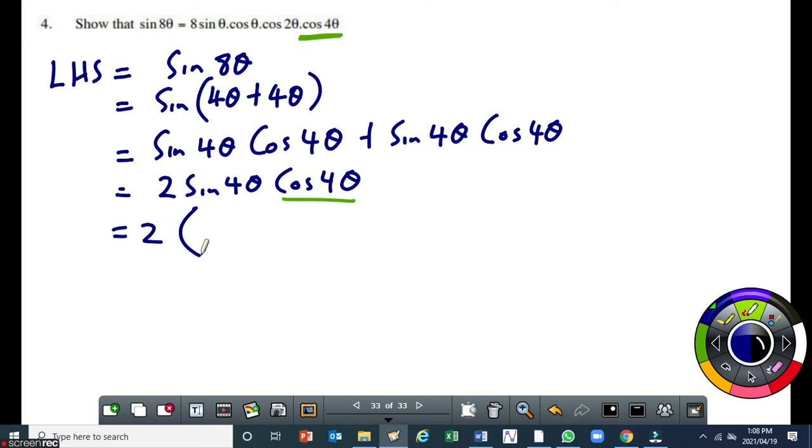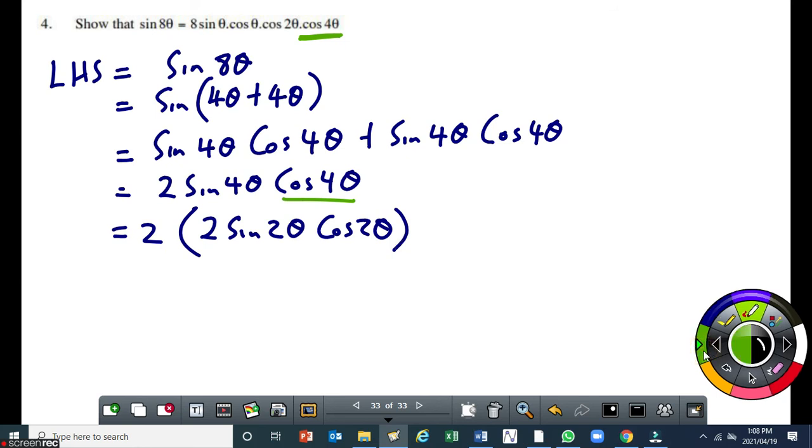So, if I use the double angle, inside the bracket I have to write 2 sine 2 theta times cos 2 theta. Then I close the bracket. Because I'm only simplifying this sine 4 theta. Take note that I'm only simplifying that. The 2 and the cos 4 theta, I'm not touching them. I'm using the double angles here to simplify the sine 4 theta.